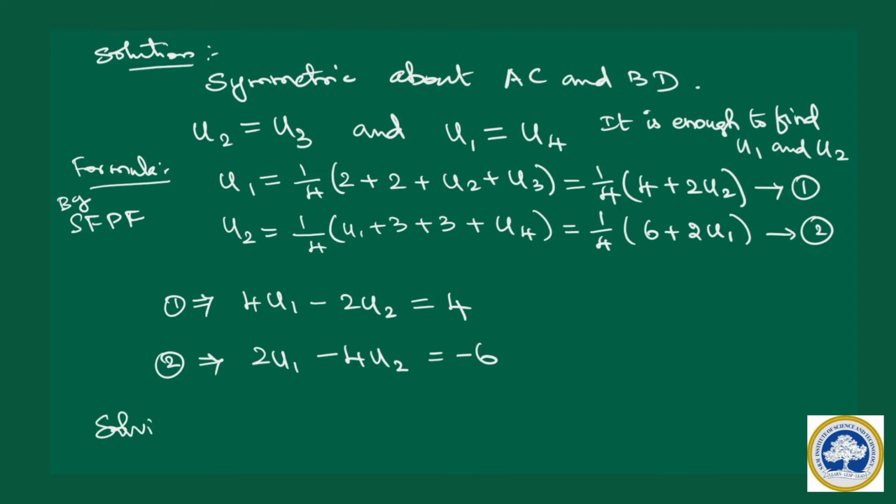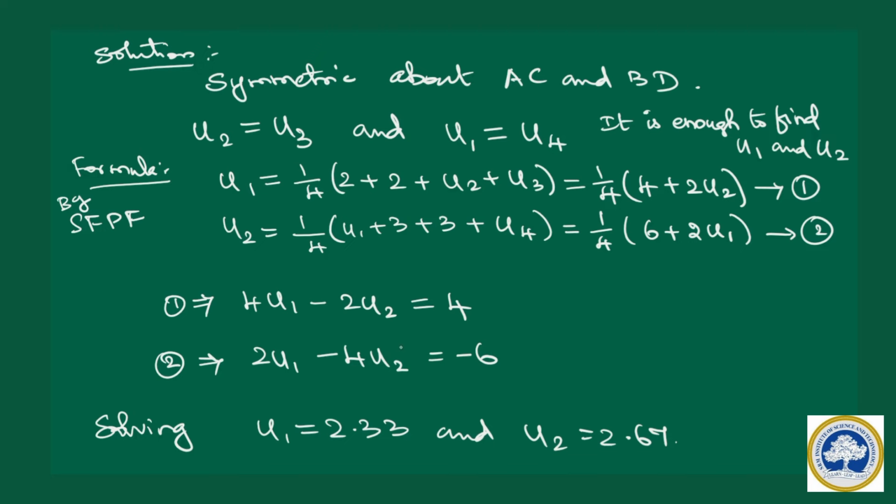Solving both the equations, you will obtain U1 equal to 2.33 and U2 equal to 2.67. This is by the usual elimination method. Either you can multiply the first equation by 2, so you'll get 4U2, and again already 4U2 here, subtract it. So U2 gets cancelled, then you can calculate U1.